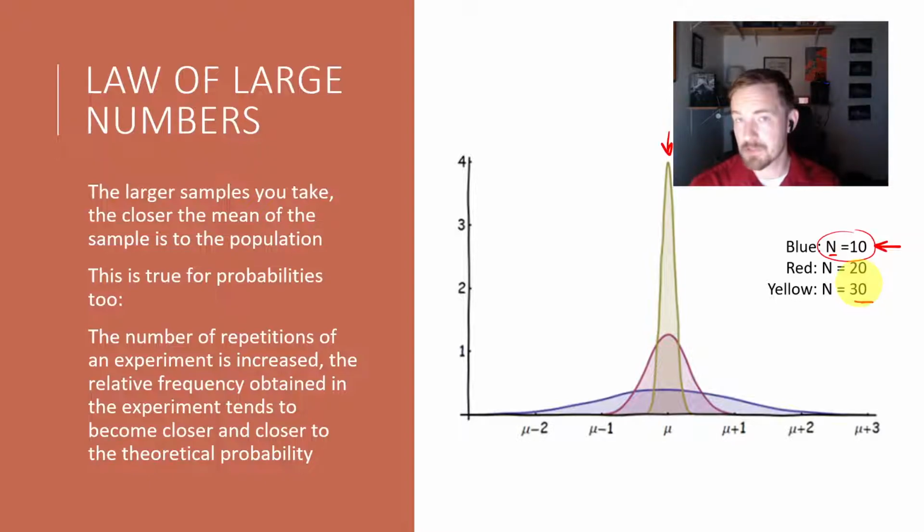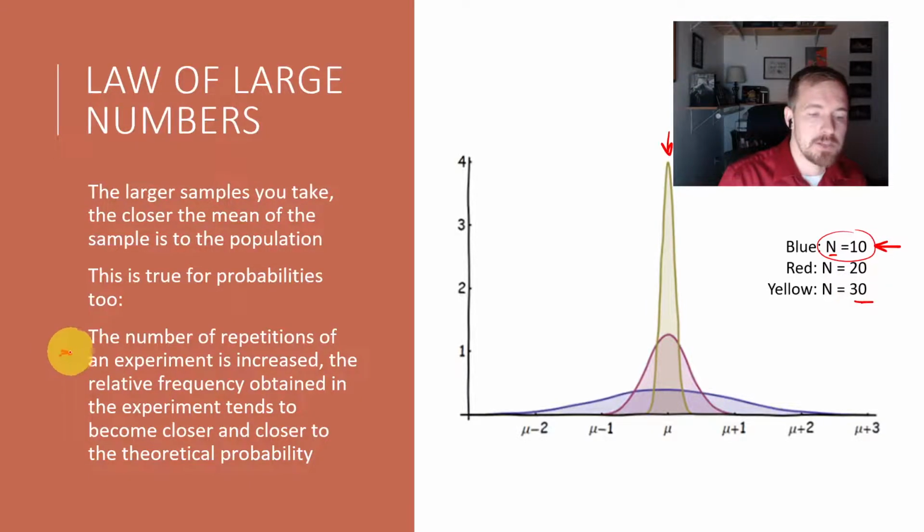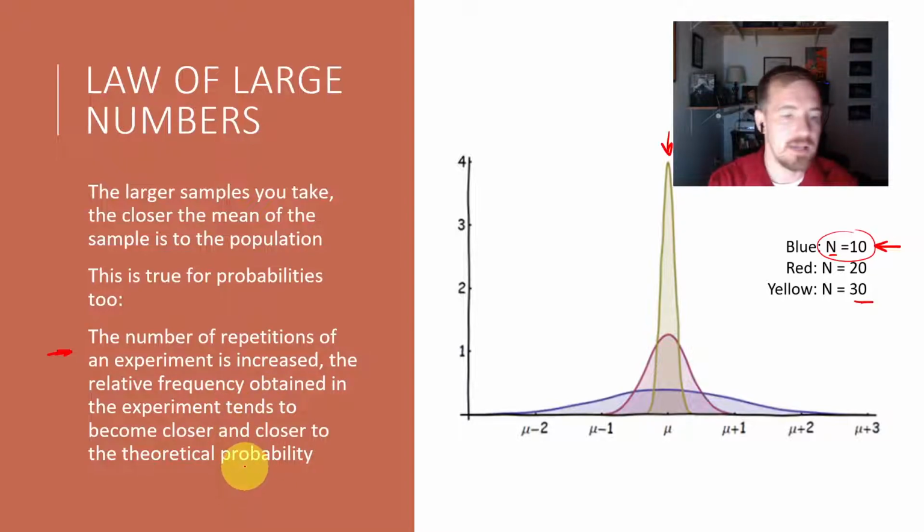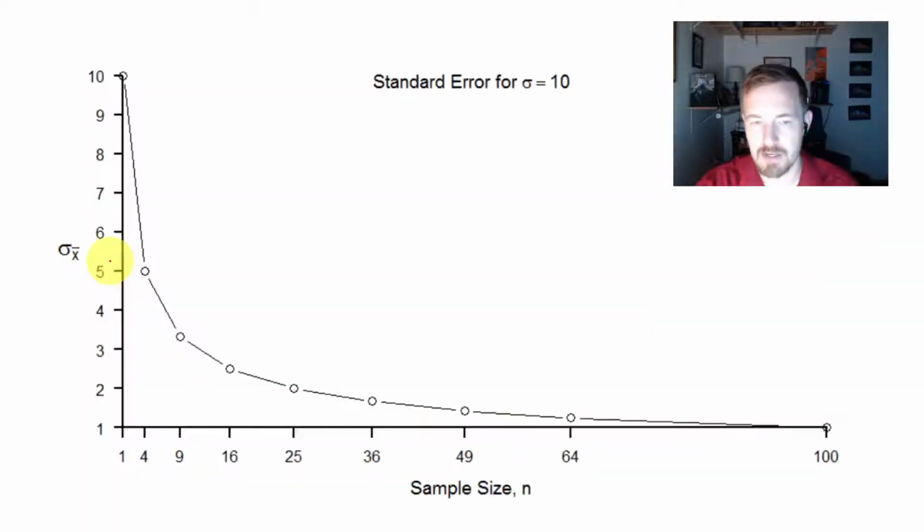Law of large numbers says that the larger your sample is, the more accurate you're going to be in your estimates of the population. As the number of repetitions of the experiment is increased, the relative frequency obtained in the experiment tends to become closer and closer to the theoretical probability. That's just a very fancy way of saying what you see here. The larger the samples you take, the closer you get to the mean of the population.